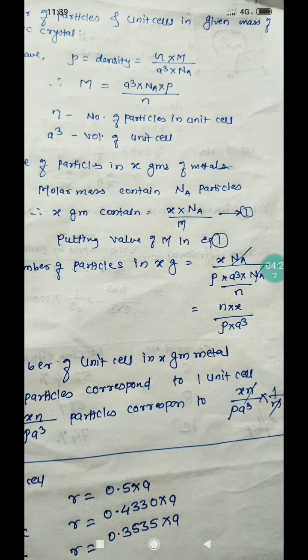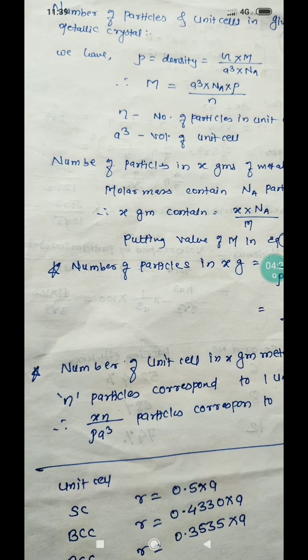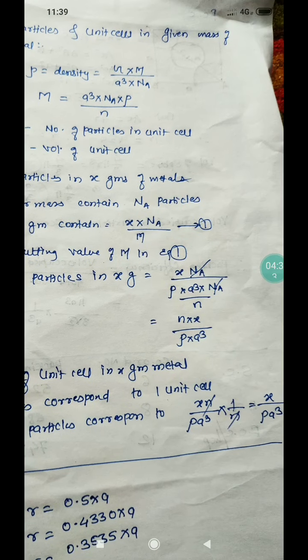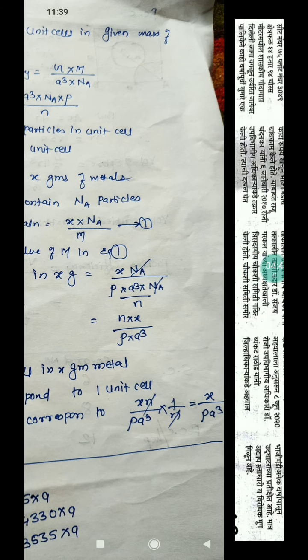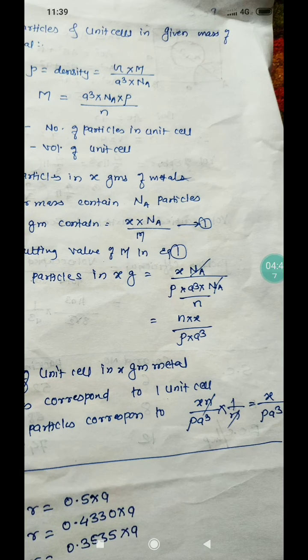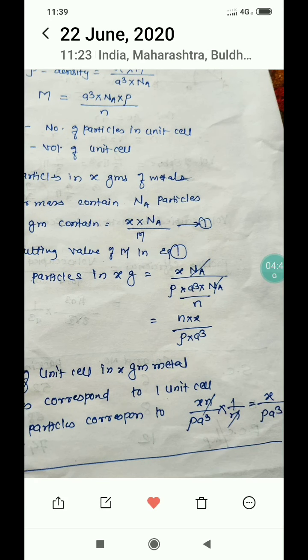Okay, so n particles in 1 unit cell and therefore the number of unit cells is equal to 1 upon n multiplied by the given number of particles. So xn upon rho into a cube, that is the number of particles, into 1 upon n. So here n cancels and finally we get x upon rho into a cube.